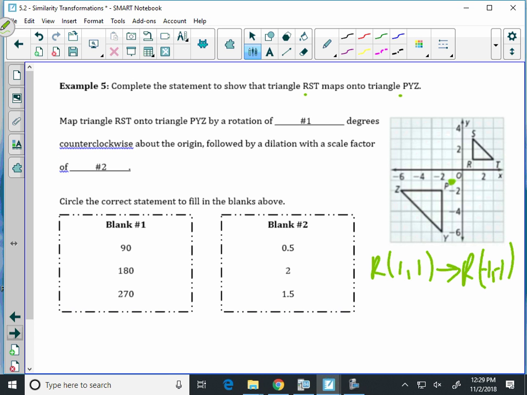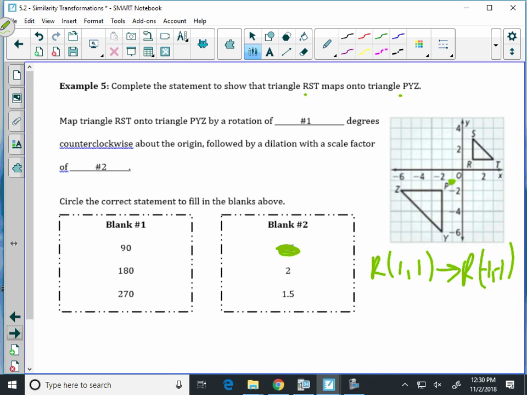Now we have to do our dilation. Is there a dilation or scale factor we can rule out right away? We have our options of 0.5, 2, and 1.5. Why can we rule out 0.5 right away? Well, 0.5 would make it become smaller. But to get RST to map onto PYZ, we have to make RST bigger, which means our scale factor has to be bigger than 1. 0.5 is not bigger than 1, so we can scratch that out.